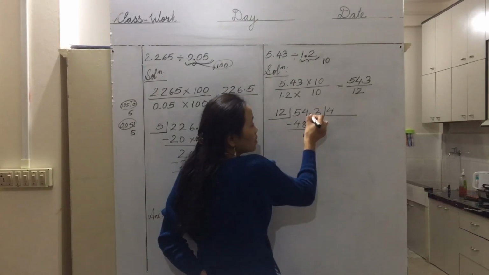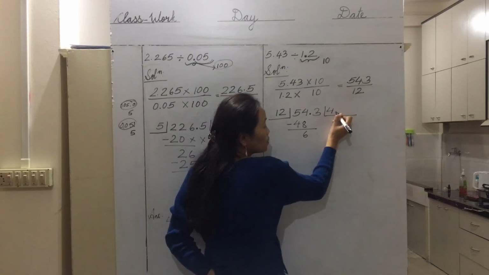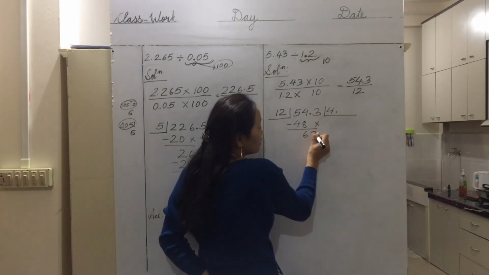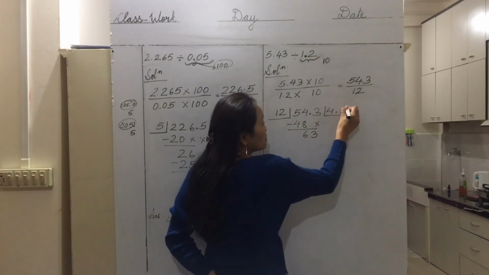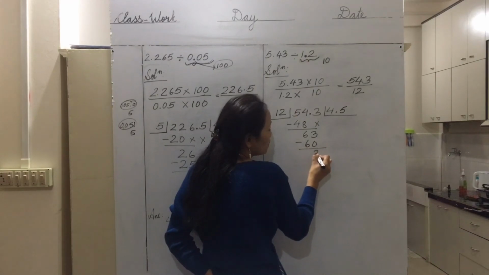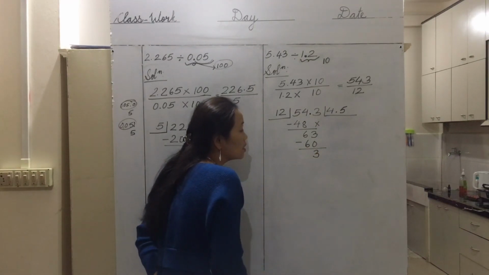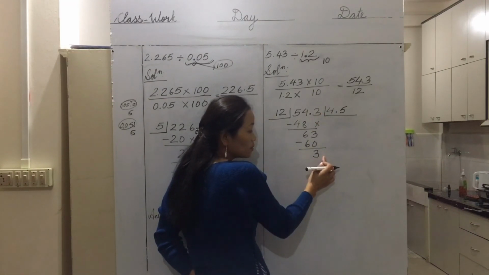And I'm going to take down a number which is after the point, so I put the point here and take down. When I divide, 12 5 times 60, subtract, and we have 3 as the remainder here, and we do not have any number to be taken down, right?